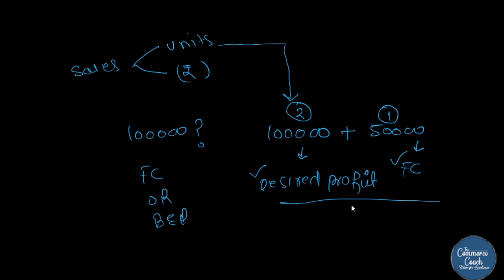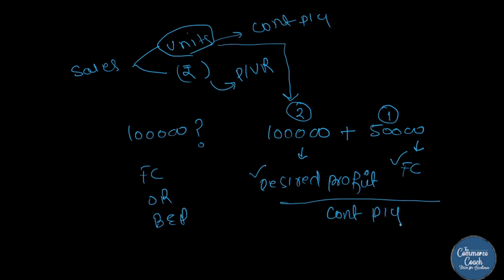As I told you in the last lecture as well, when we talk about units, we go with contribution per unit. When we go with the absolute amount, we go with the PV ratio. If you divide by contribution per unit, you will get the sales units required to earn a profit of 1 lakh.